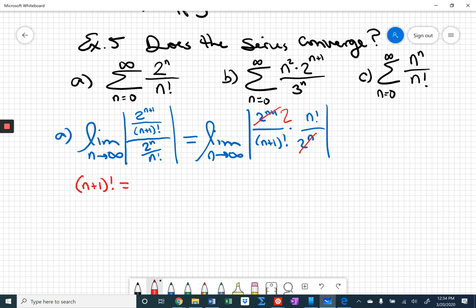Well, normally when we write 5 factorial, it's 5 times 4 times 3 times 2 times 1. So let's do that here. This is going to be n plus 1 times, well, I have to subtract 1, so that's going to be times n, and then I have to subtract 1 again, so it's n minus 1, and I keep subtracting 1, all the way down until I get to 1, like this.